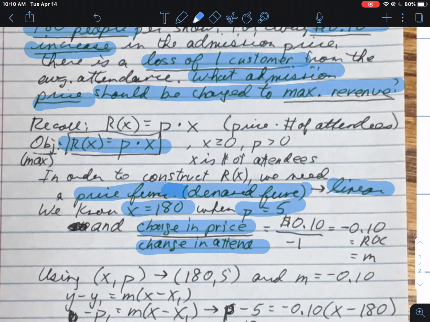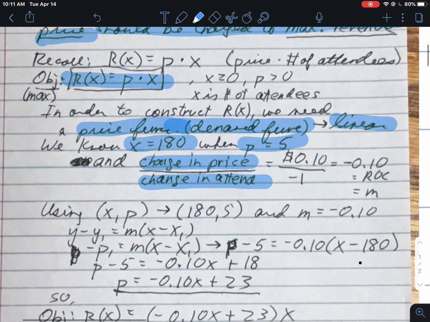Right? So that'll give us a negative 0.10, which is the rate of change in our demand or price. Well, that's our slope, right? Because that's what rate of change is. So if I'm constructing this linear equation to calculate the price or demand in terms of x, there's my slope for that function, negative 0.1.